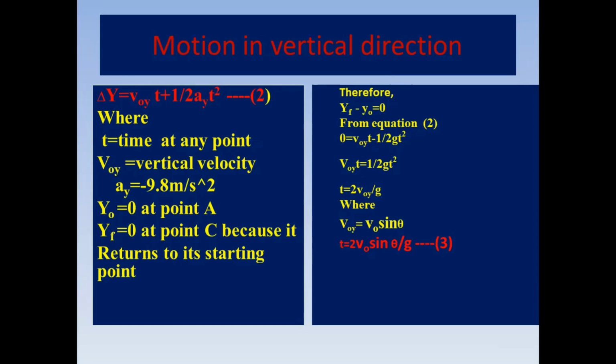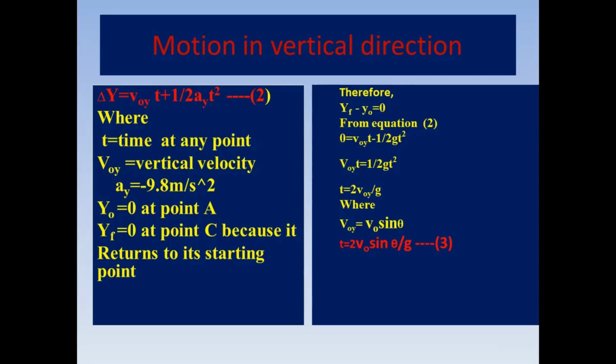Therefore, the change in displacement of y is equal to v0y t plus half a t squared, which is 0. So 0 is equal to v0y t minus half g t squared. Solving this equation gives t equal to 2 times v0 sine theta over g.